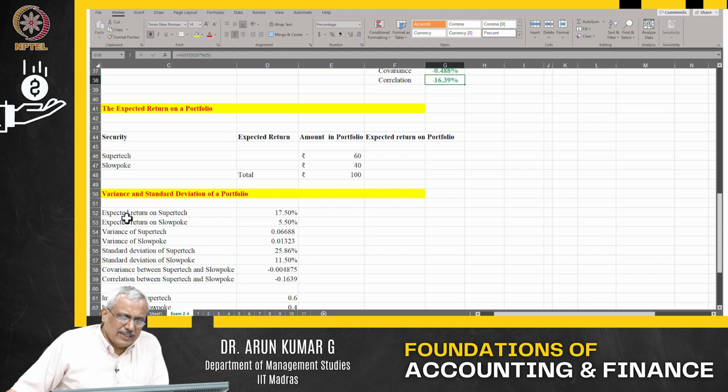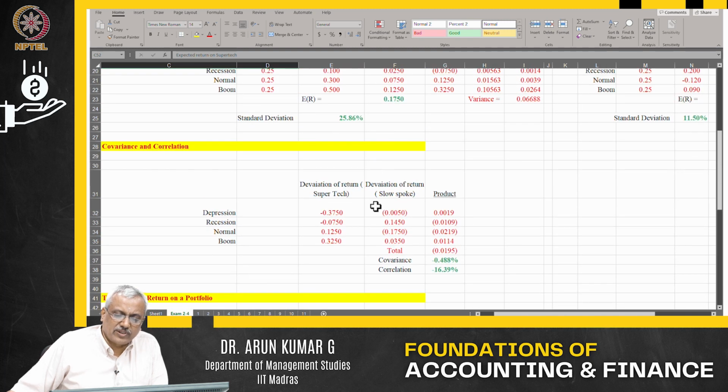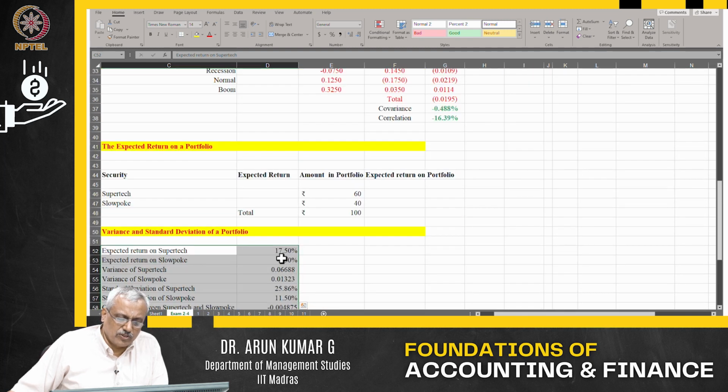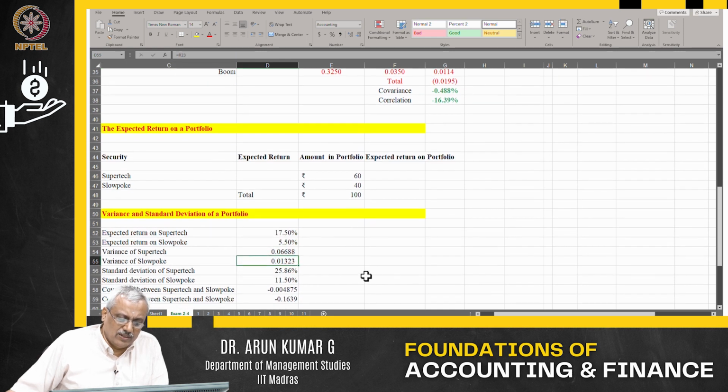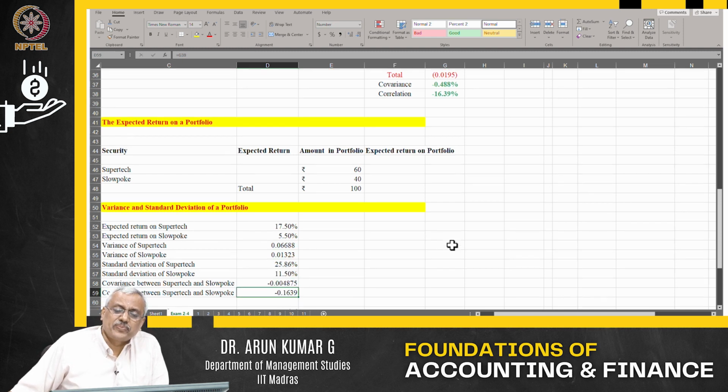All these things I have obtained from before. Expected return of Supertech is 17.5%, you saw that. Expected return of Slowpoke is 5.5%, which we calculated. The variances, standard deviations of both, covariance and correlation of all this I have mentioned.